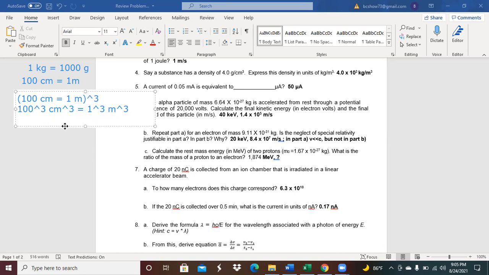Now, 100 cubed is going to be, let's see, how many zeros?